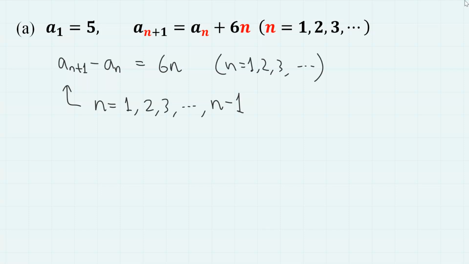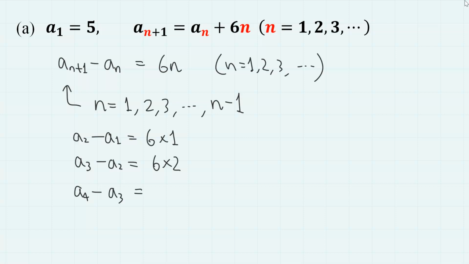When n equals 1, we have a2 minus a1 equals 6 times 1, and when n equals 2, we have a3 minus a2 equals 6 times 2, and when n equals 3, we have a4 minus a3 equals 6 times 3, and so on. And finally, for n equals n minus 1, we have an minus a(n-1) equals 6 times (n minus 1).